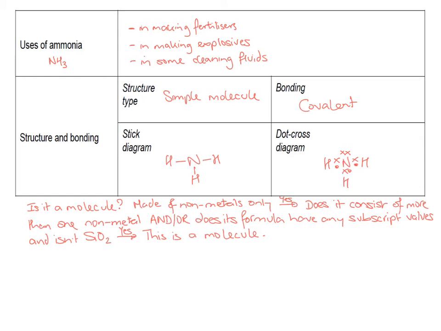And one of the things that we know about intermolecular forces in simple molecules, i.e. small molecules, is that they are weak. And if they are weak, that means it doesn't require a lot of energy to overcome those forces of attraction, which means that, as a rule of thumb, at room temperature, a simple molecule is a gas. And in fact, ammonia's boiling point is about minus 33 degrees Celsius.